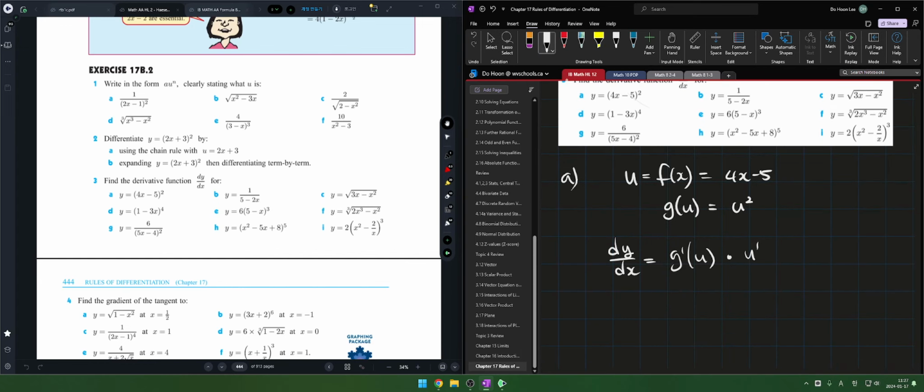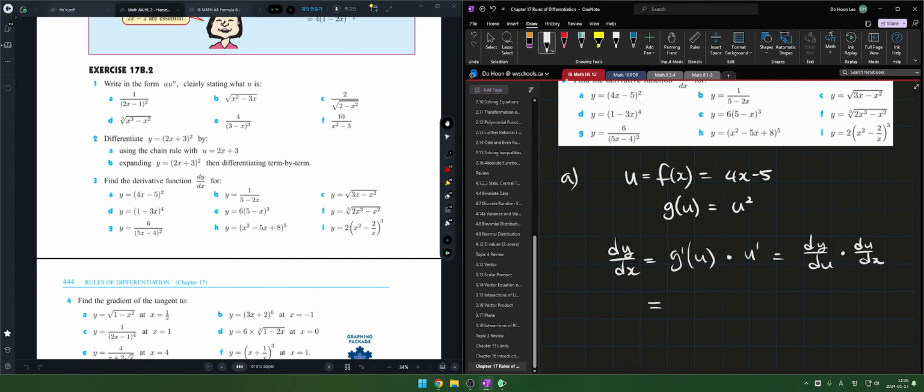In other words, dy over du times du over dx. Notice that dy over du is differentiating y with respect to u.